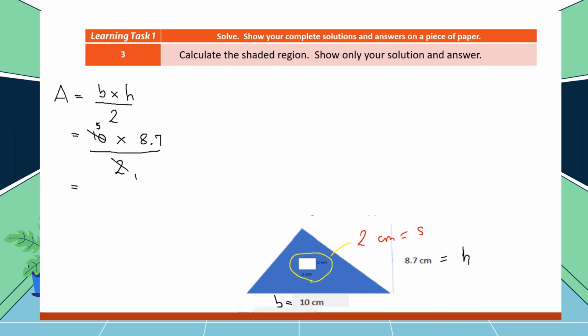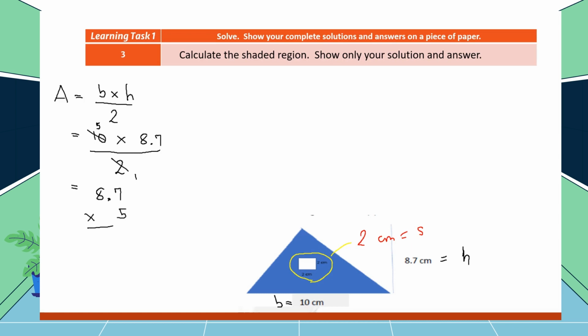So ibig sabihin, meron na lang tayong 5 times 8.7 divided by 1. At dahil divided by 1, it is now simply 5 times 8.7. Or sabihin na natin 8.7 times 5.